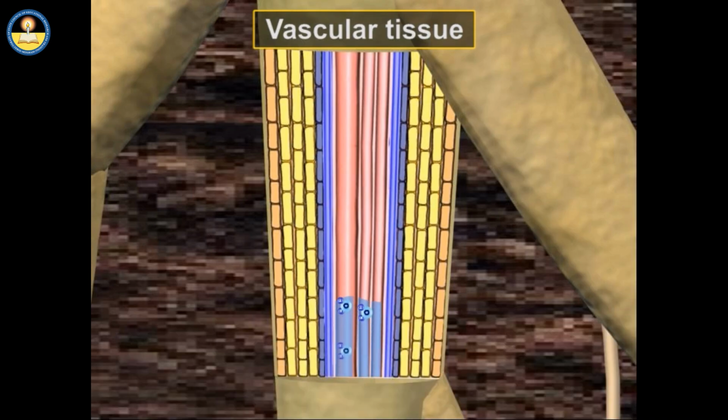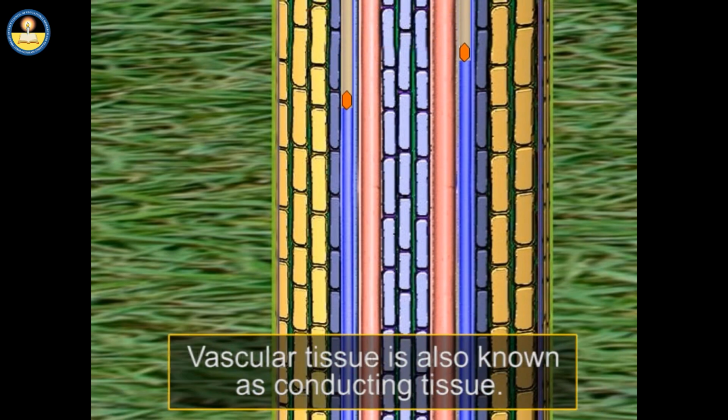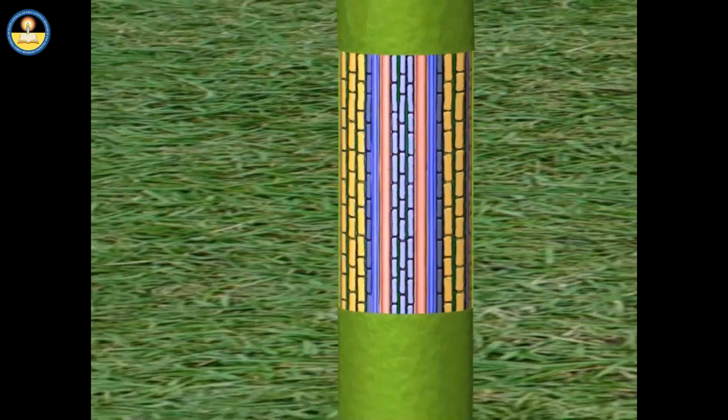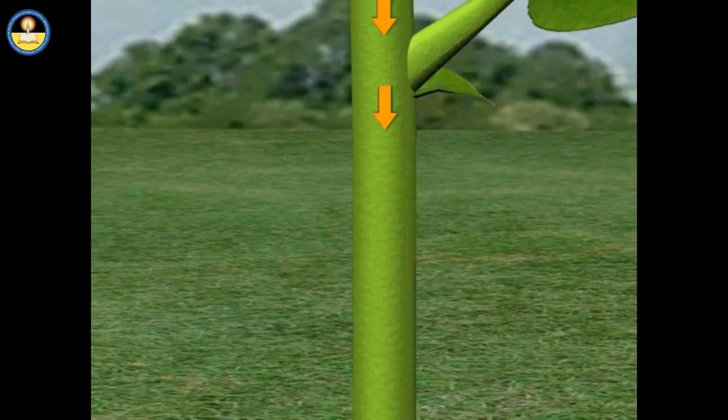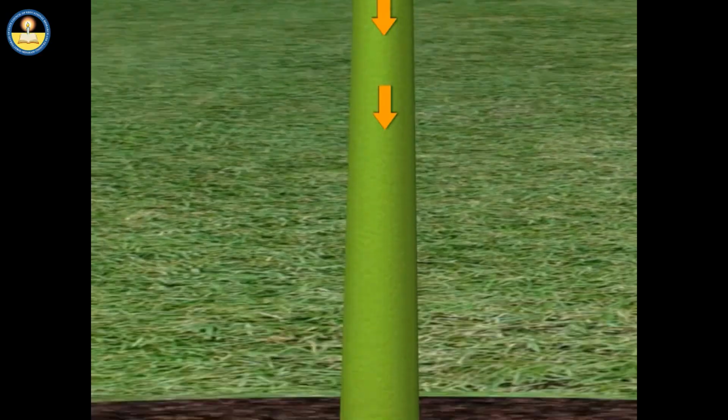It conducts water, mineral salts and synthesized food substances and provides mechanical support. Vascular tissue is also known as conducting tissue. The phloem and the xylem together form a continuous vascular system throughout the plant.